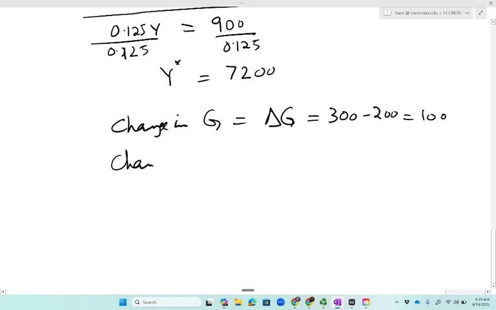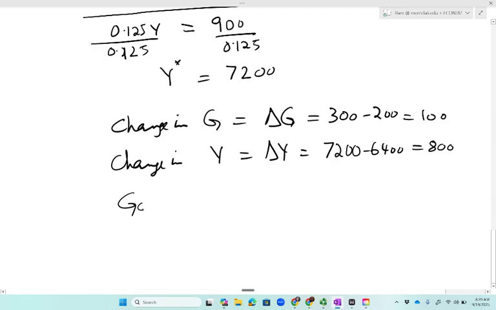Change in equilibrium Y, which I will write as delta Y, is 7,200 minus 6,400, which is 800. This gives us the government expenditure multiplier to be the change in y divided by the change in g.